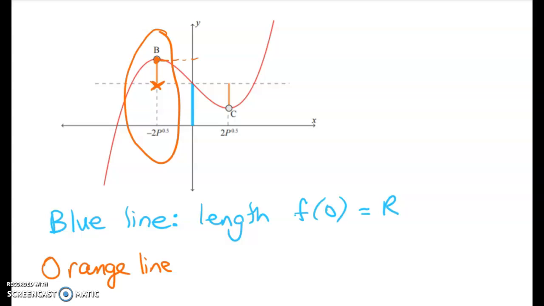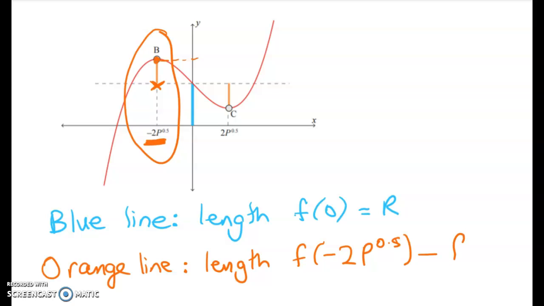So how high is point B? What's the y coordinate of point B? Well, it's the value of the function at negative 2p to the power of 0.5, minus f of 0.